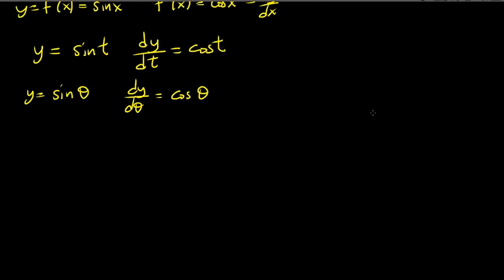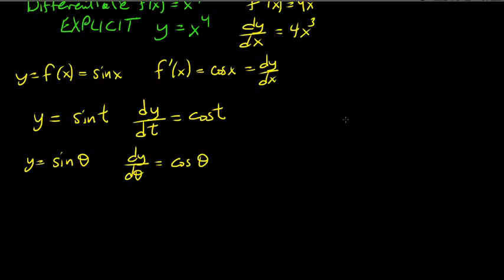So we want to be clear, and this is why I prefer this notation to just writing y prime, because these are all y prime, but in all three cases the independent variable is different. Here it was x, here it was t, and here it was theta.